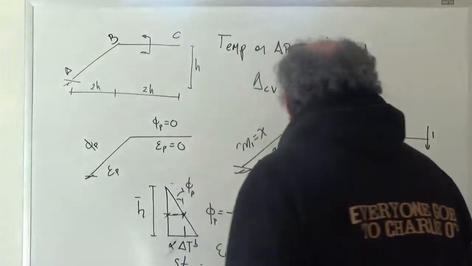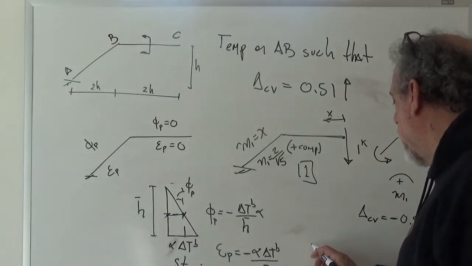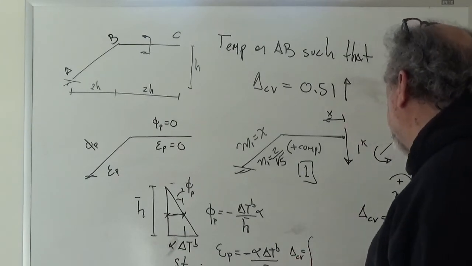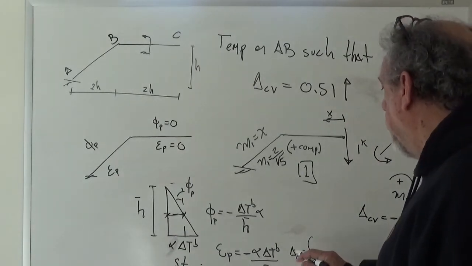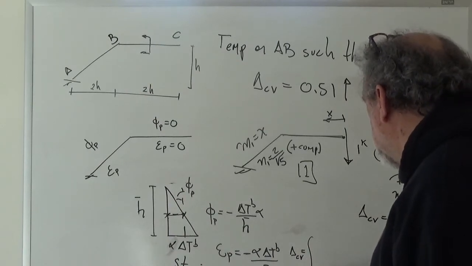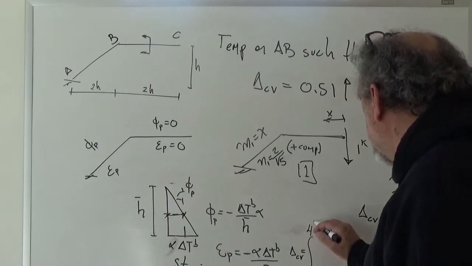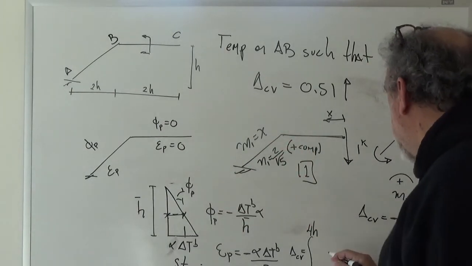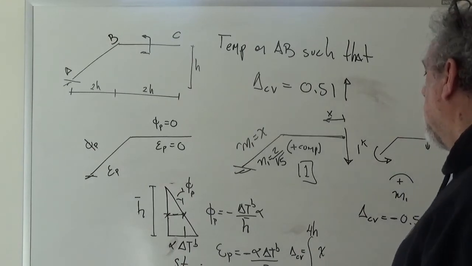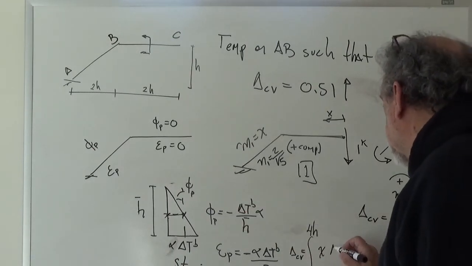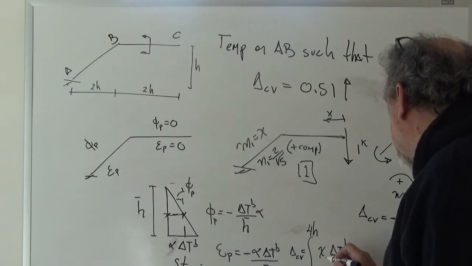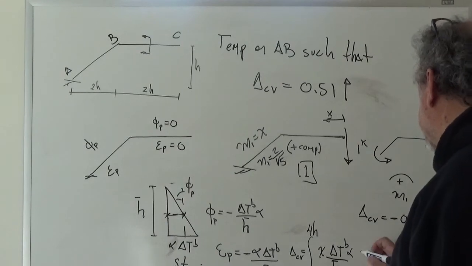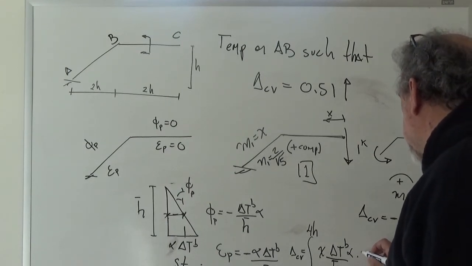So we say delta C in the vertical direction is the integral from 2h to 4h, using the x, of m1 x times phi p, which is delta temperature at the bottom over h bar, times alpha, times ds, which is what?